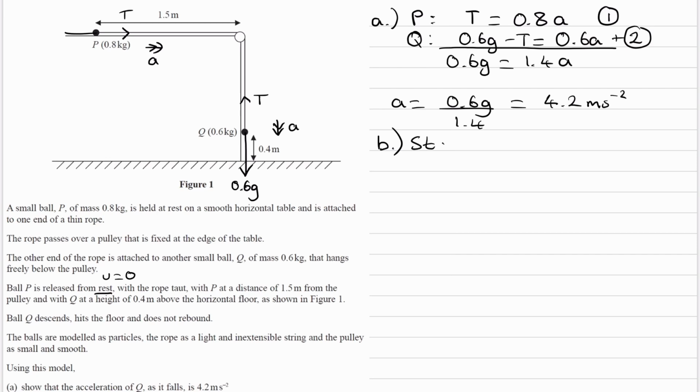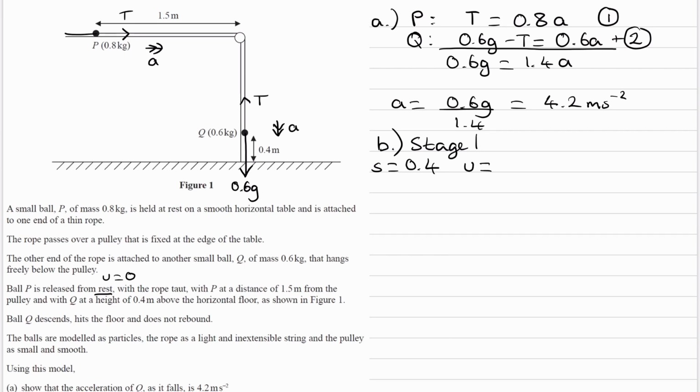So let's start with stage 1. For stage 1, we know that the distance traveled by Q is 0.4. The initial speed is 0, as it says in the question that P is held at rest, and then it's released.